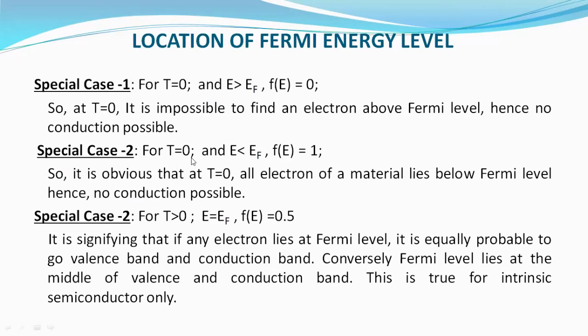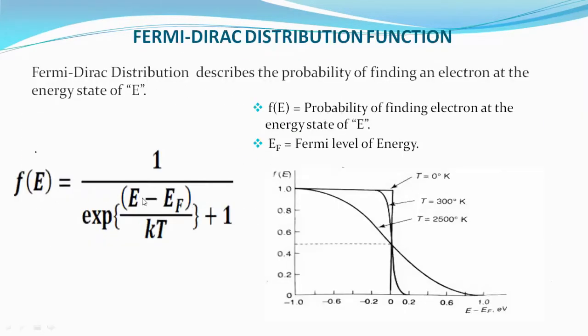For absolute temperature 0, E is less than EF. Look here, when E is less than EF, that means E minus EF is a negative quantity, absolute temperature is 0, so this denominator is 0, and E less than EF means this is a negative quantity, so exponential of negative something means 1 upon exponential of something.